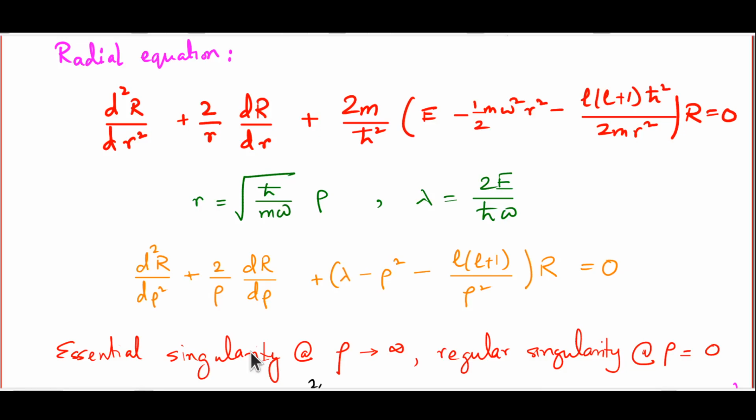In addition, there's one singularity which is new to the 3D case. This equation has a regular singularity at rho equals 0. Remember what we said: the rho equal to 0 point, which of course is the r equal to 0 point, is bound to give us trouble because the coordinate system is bad at r equal to 0.